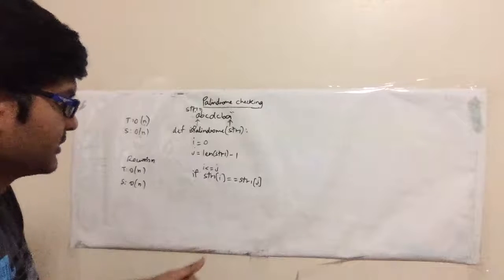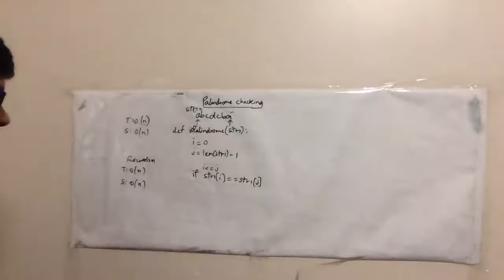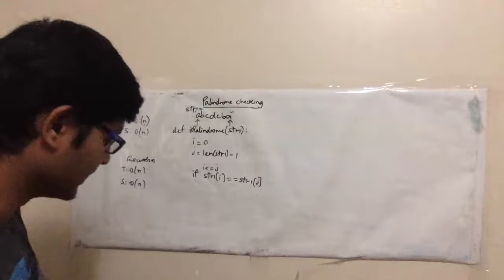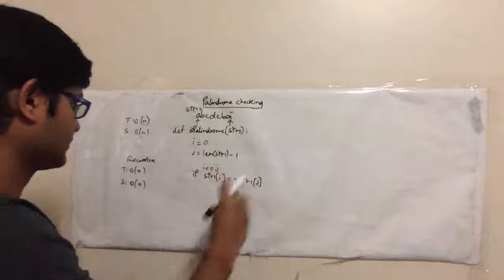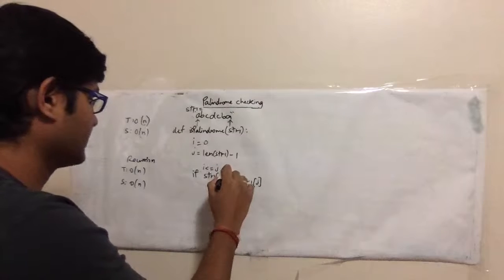And this is checking i less than or equal to j. Okay, like this.